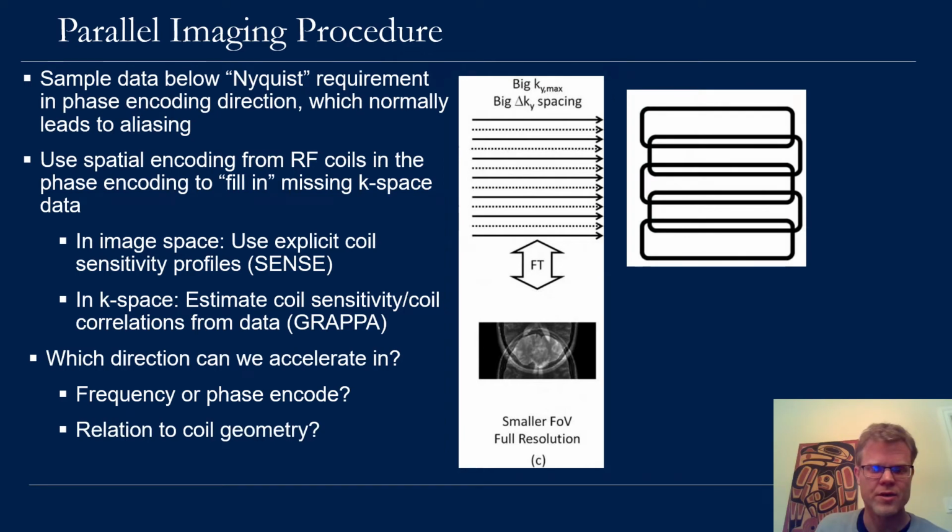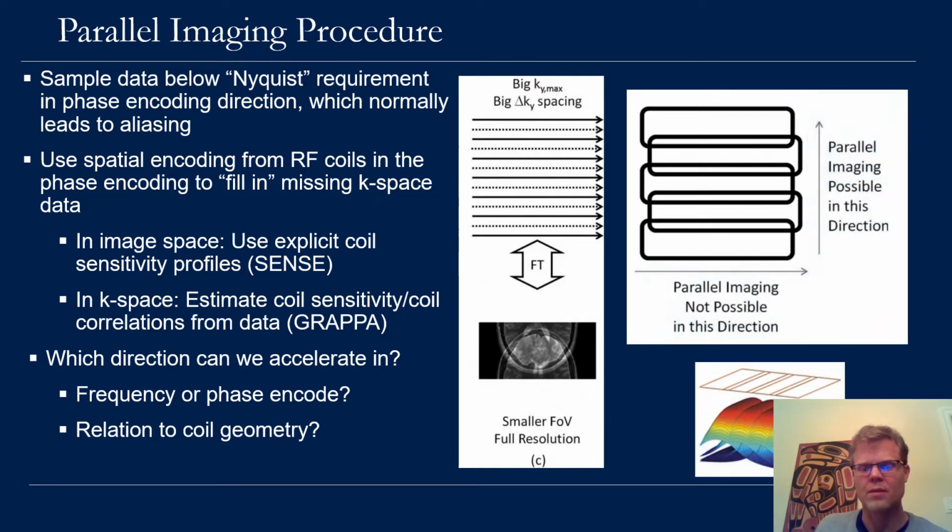And then there's a very important concept related to the coil geometry I'm going to show here, and that is we need some explicit coil information in the direction we want to accelerate. So in this picture, if we have these 4 RF coils stacked next to each other, we need to accelerate in the direction where we have differences between our RF coils.